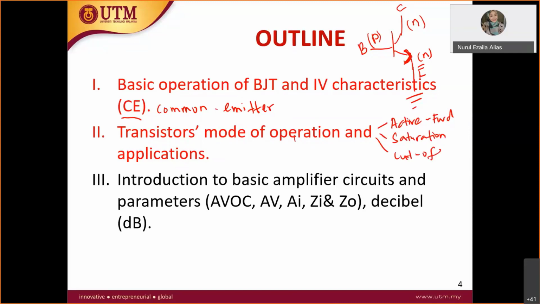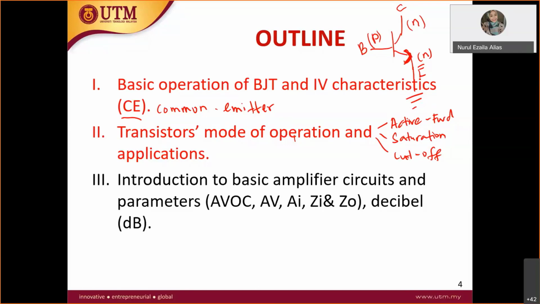For forward active, the usual application is amplifier, where the BJT is used as an amplifier. For saturation and cut off, it is used as a switch. For saturation, when the current is high, the switch is on. For cut off, the current is very, very low, meaning zero, and the transistor or the switch is off.